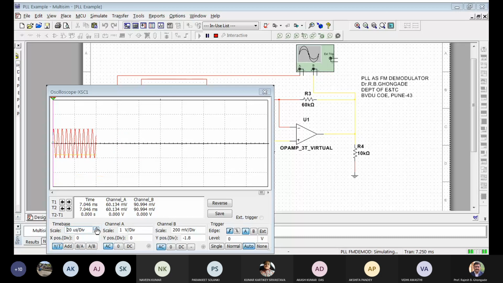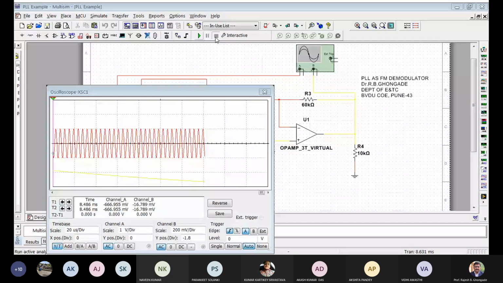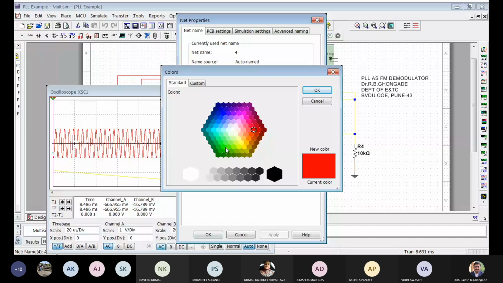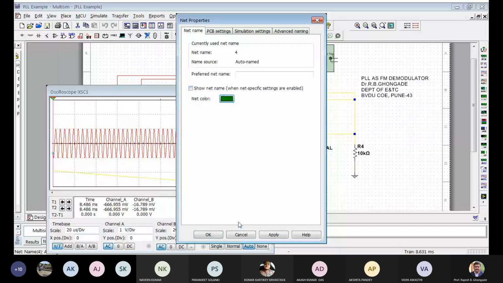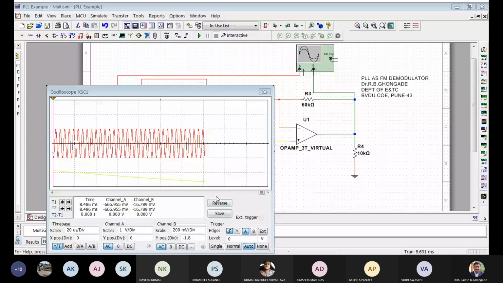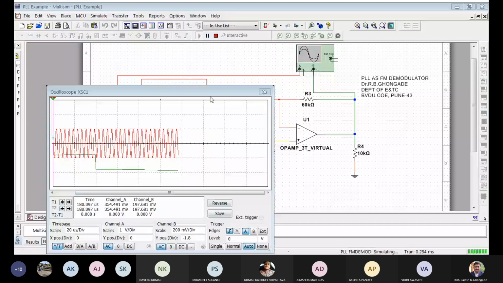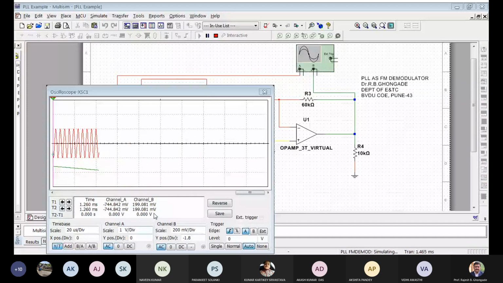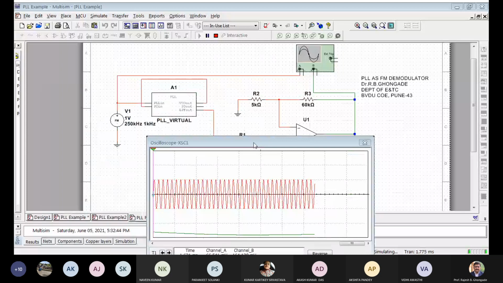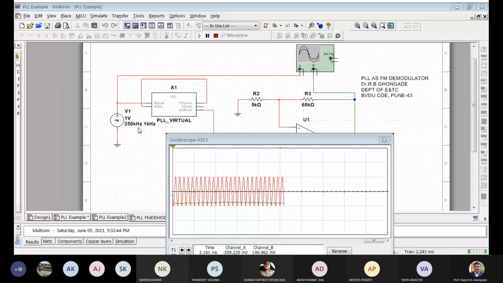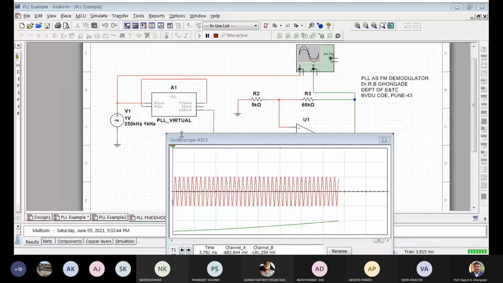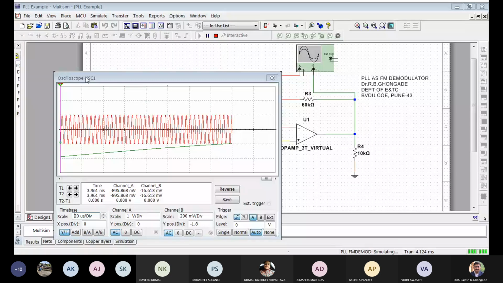Are you able to see that? Okay, let me change the color of this output to something else. So what I did was I modulated a 250 kilohertz signal with a 1 kilohertz sine wave, and I'm using this PLL.